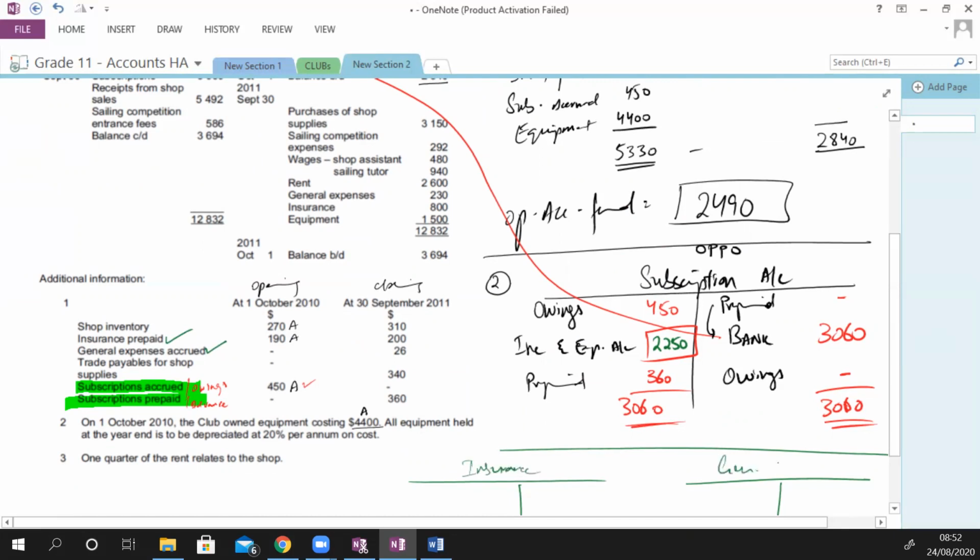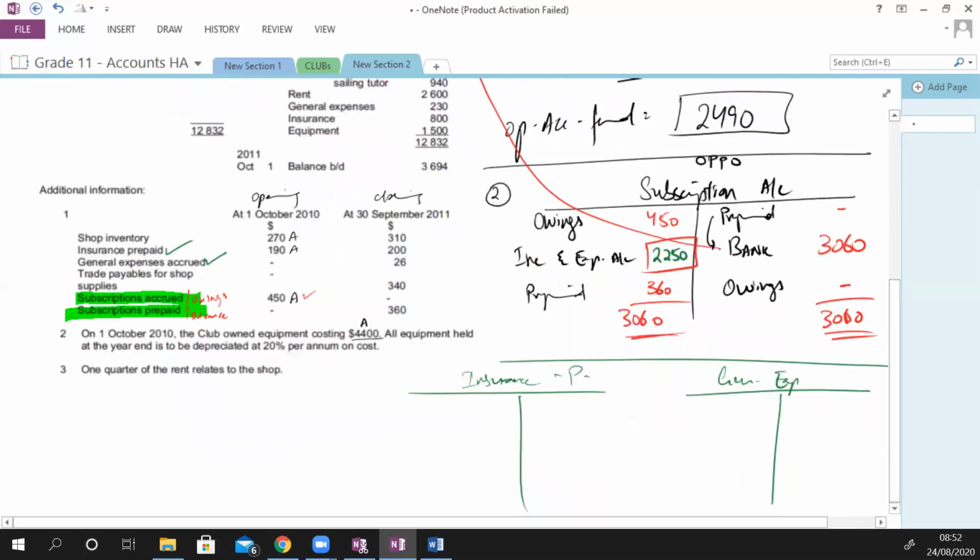Expense account is prepared using POOP, which is prepaid, owing, prepaid. Prepaid के नीचे बैंक या charge to income and expenditure account.